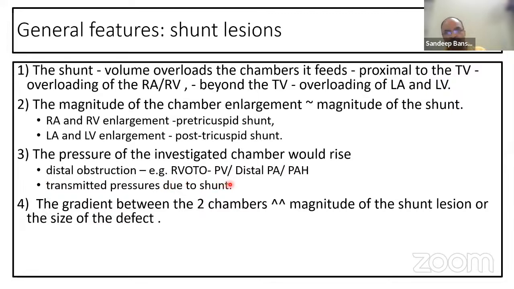There can also be what was discussed, the dynamic, increased blood flow pulmonary hypertension that might take place due to transmission of pressures because of the shunt. We also need to understand that the gradient between the two chambers is inversely proportional to the size of the shunt between them. So if you have a very large defect between two chambers, the pressure gradient between the two chambers is going to be less.